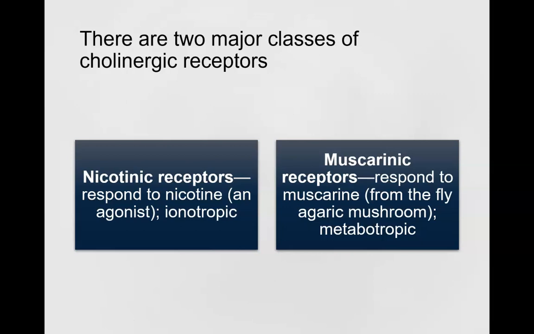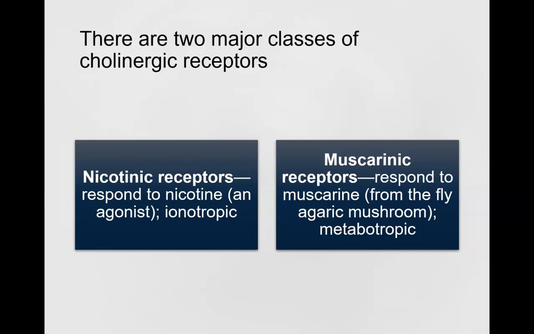I did forget to mention that serotonin has about 7 different types of metabotropic receptors. We're not really going to talk about them very much, but with acetylcholine, we have 2 major types. We have what are called nicotinic receptors. These are ionotropic in nature. And then we have muscarinic receptors, and these are metabotropic.